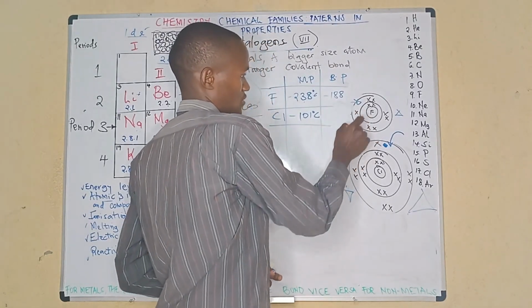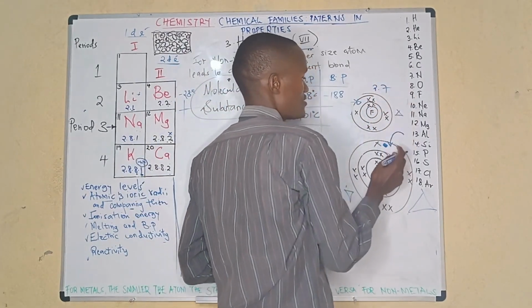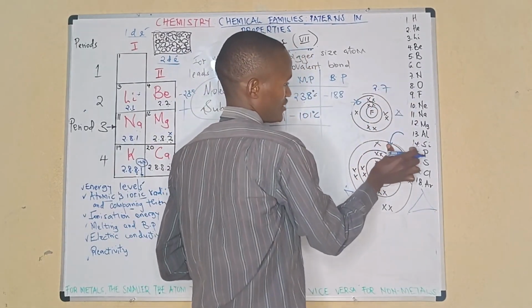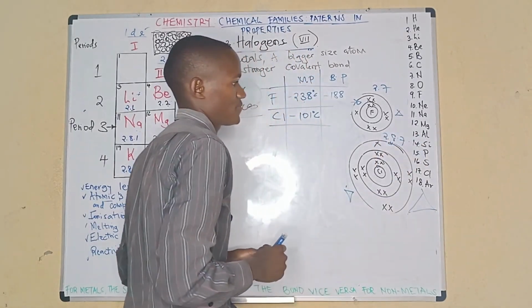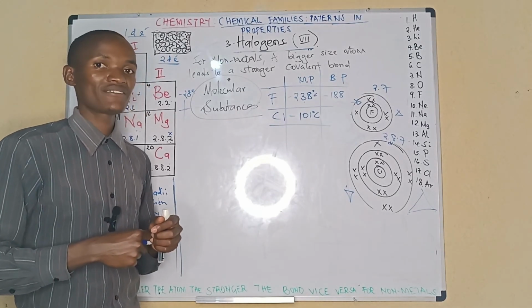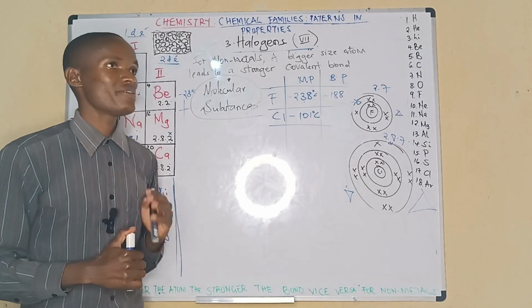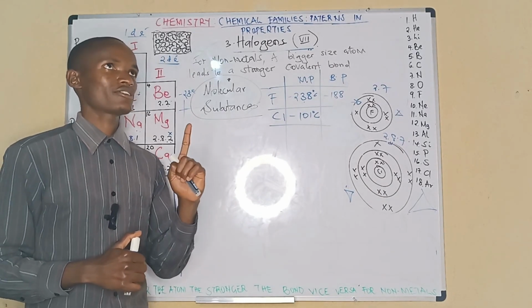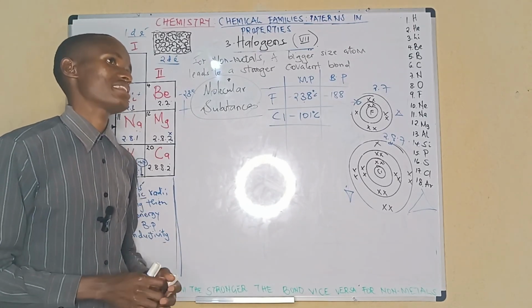This atom is small. Fluorine 2,7. This atom is bigger. Chlorine 2,8,7. Both of these atoms, to react, they will have to gain an electron. One electron. Which one will gain faster than the other one?